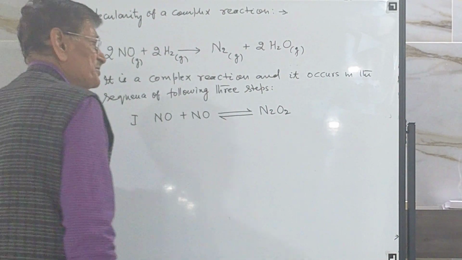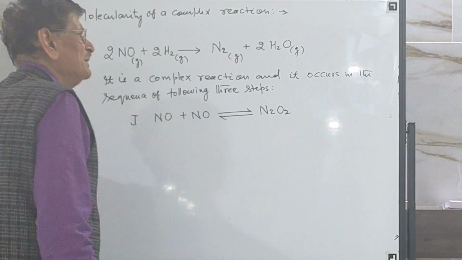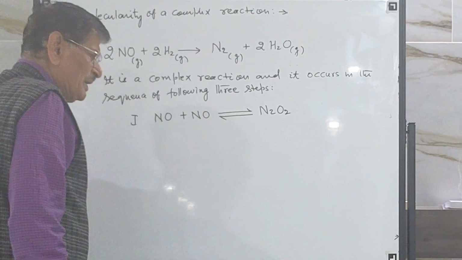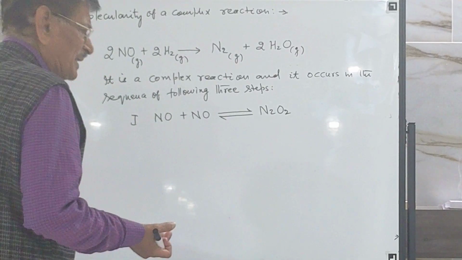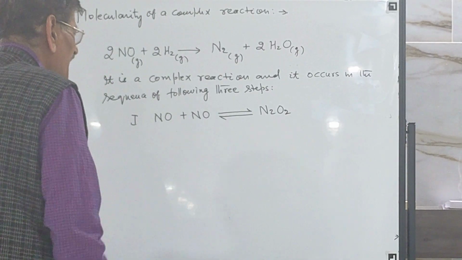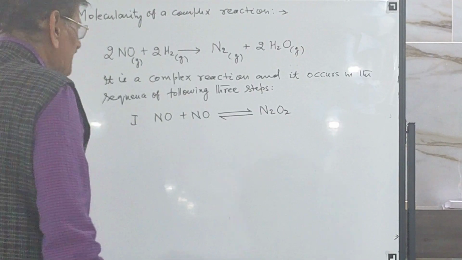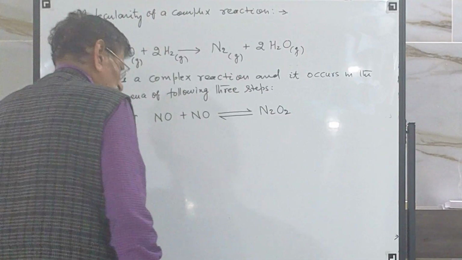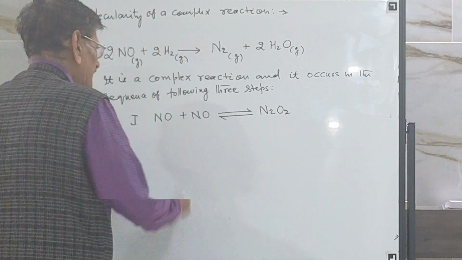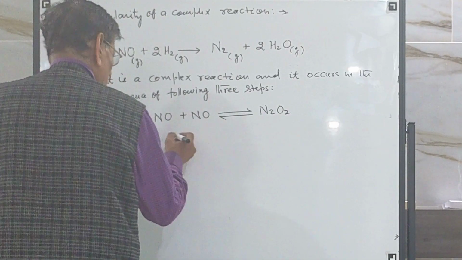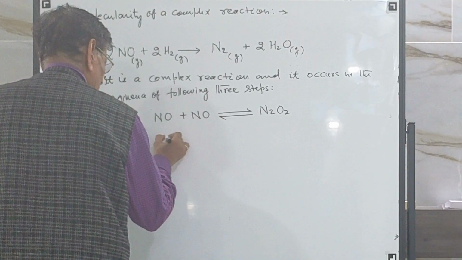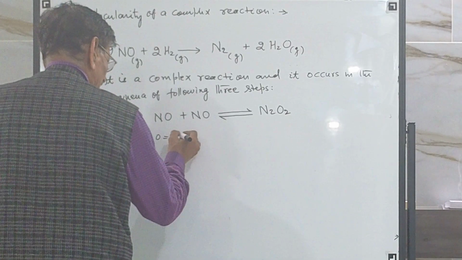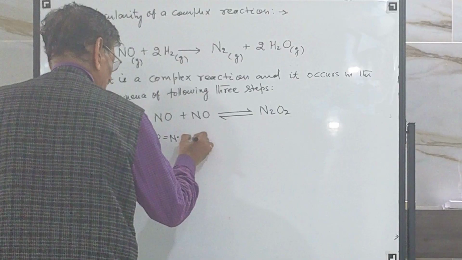On what basis do we say this reaction is very fast? This reaction is very fast because we have observed this in the lab. Or we can also base this on our conception. Here the NO molecule has this structure, N double bond O. N has one unpaired electron.